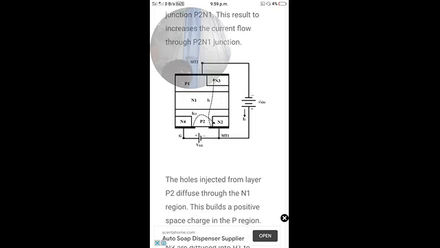This reduces the reverse bias at the junction J2 formed between the layers N1 and P2. Once the reverse bias is removed, the electrons freely move from the N1 to the P1 layer. After recombination, electrons reach the N3 layer.